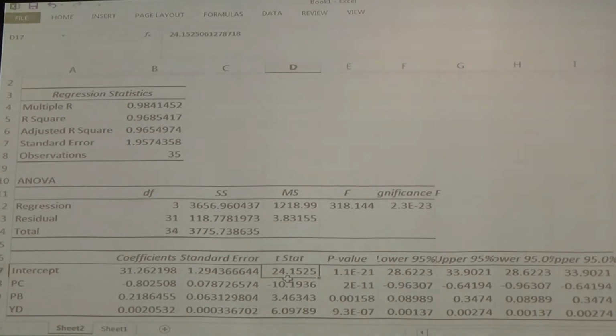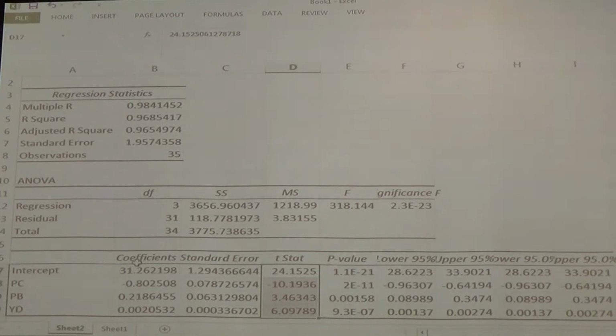So to check whether individual coefficients are statistically significant or not, you look at the t-stat. If the absolute value of t-stat is bigger than 2, then you can say it's significant, it's different from 0 statistically. Okay, so clearly for intercept, coefficient of price of chicken, coefficient of price of beef, coefficient of income, they are all significant.